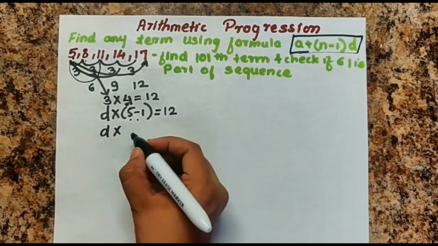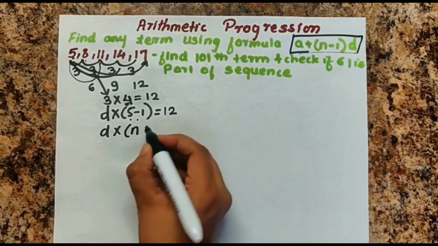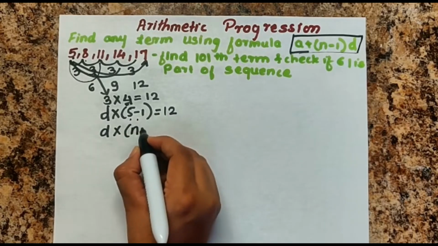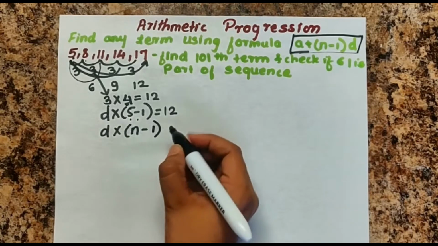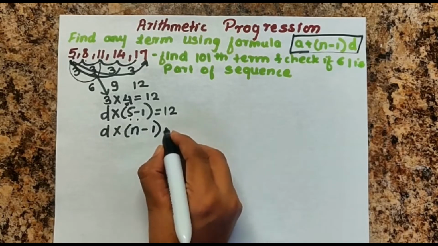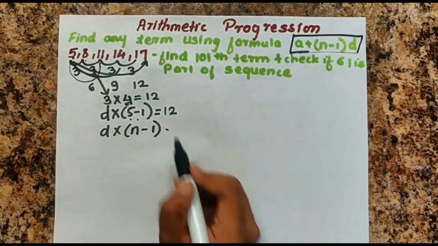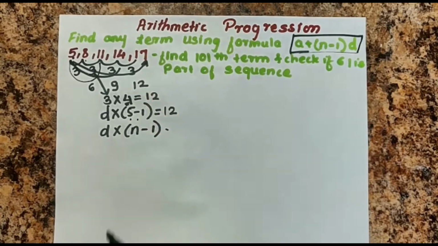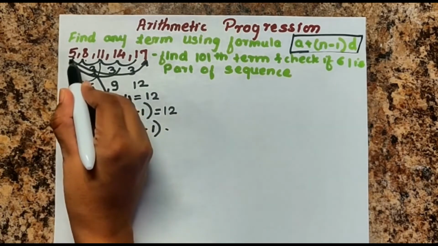So if I have to find the nth term, this 5 will be n minus 1, and this will give you the last number's difference. But where did it come from? It came from the first number.